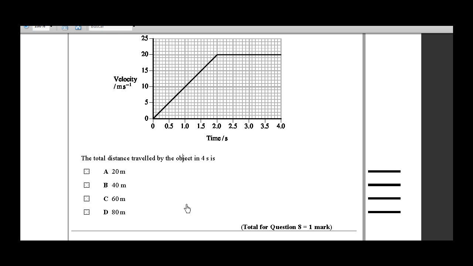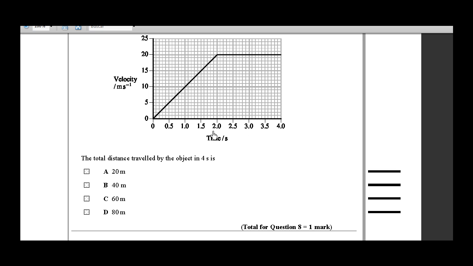And so that's going to be 20 times 2 divided by 2, because it's a triangle, plus 20 times the distance, the time between here and here.